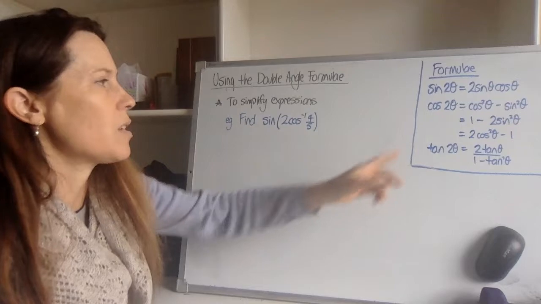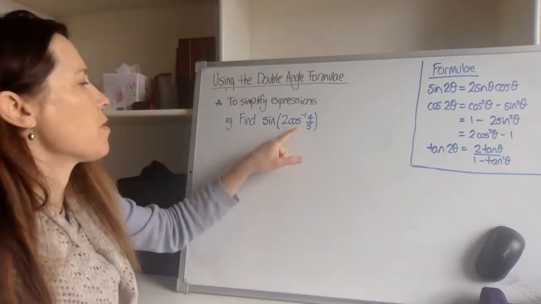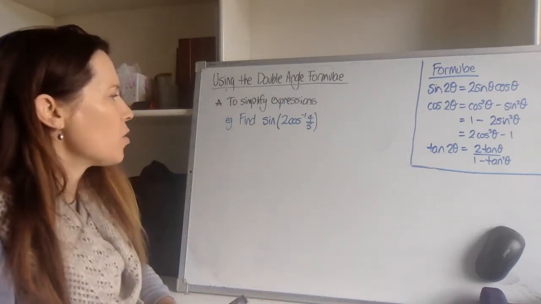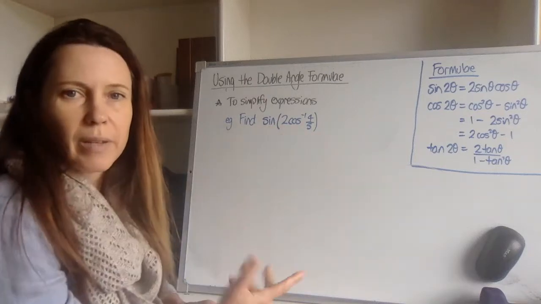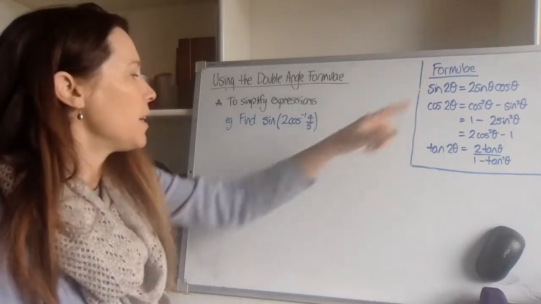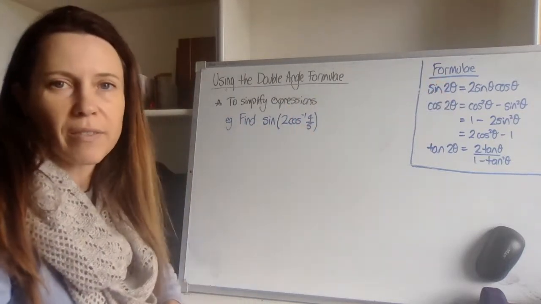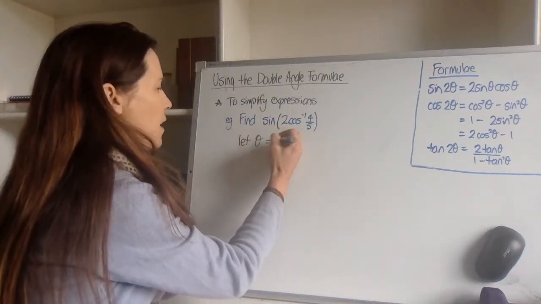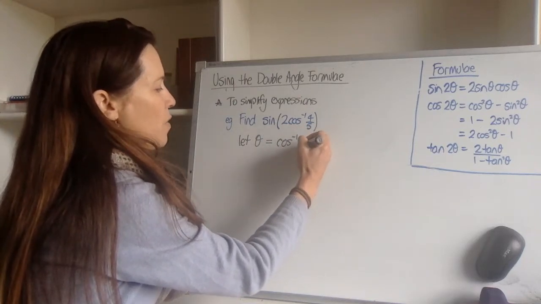And we can also use these formulae to simplify expressions. So this one's got some inverse trig in there combined with some normal trig. So to do this, we're noticing that we've got the sine of 2 lots of something. And so that really triggers me into thinking that this formula might be helpful. Now I know how to find the sine of 2 lots of theta. So effectively that's my starting point, is to say, let's let theta equal this part here, the inverse cos of 4/5.